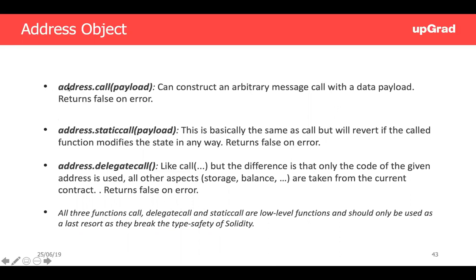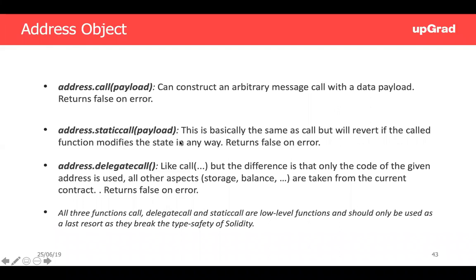This is one way, but not the suggested way, of contacting smart contracts. An address.call will send a payload to a smart contract available at this address. An address.staticCall is similar to a call function. The only difference is it guarantees that the static call will only be a read function.